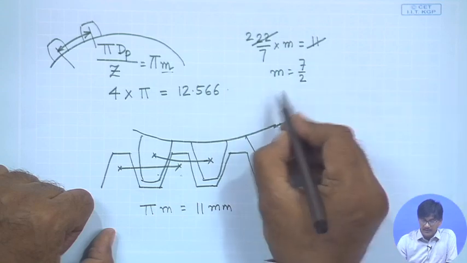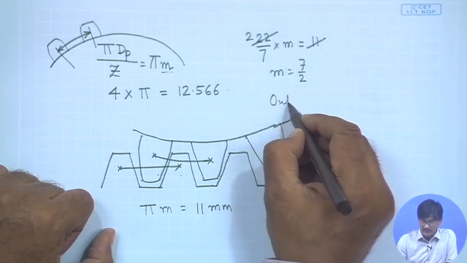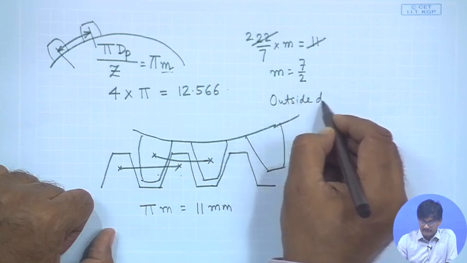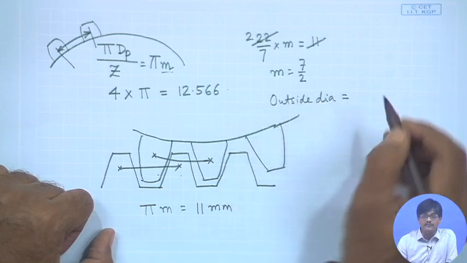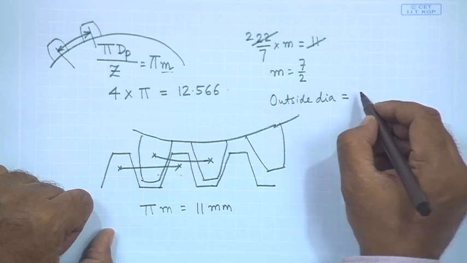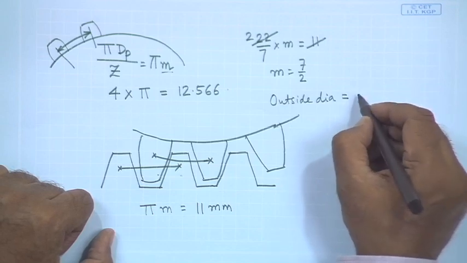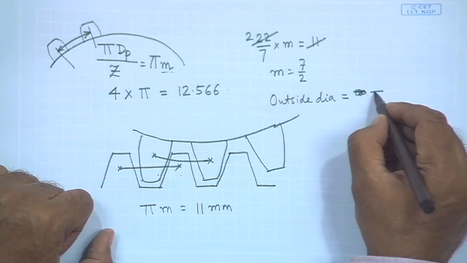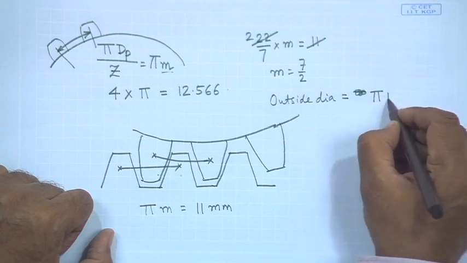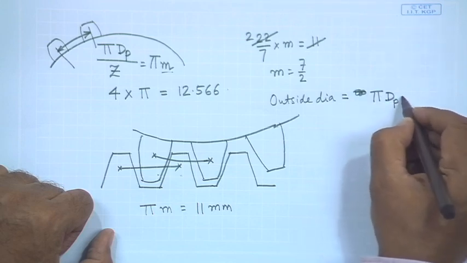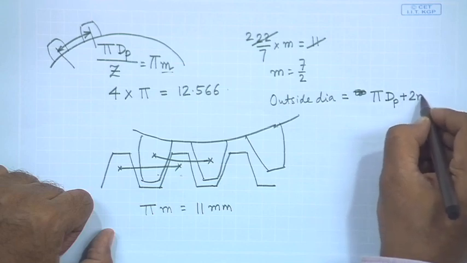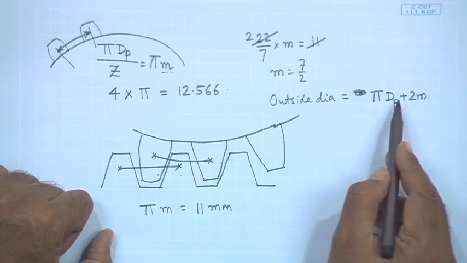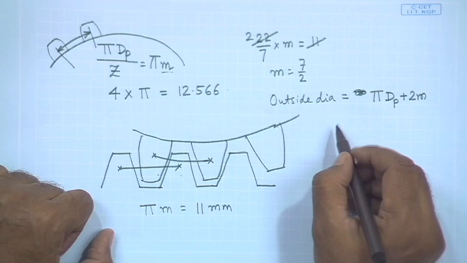Outside diameter will be equal to pitch diameter plus 2 module.